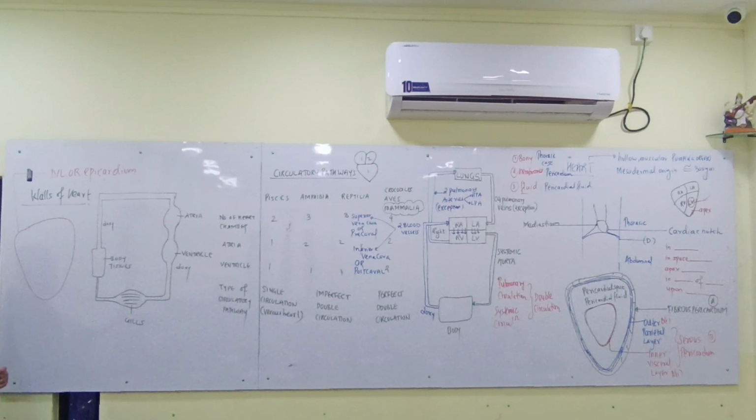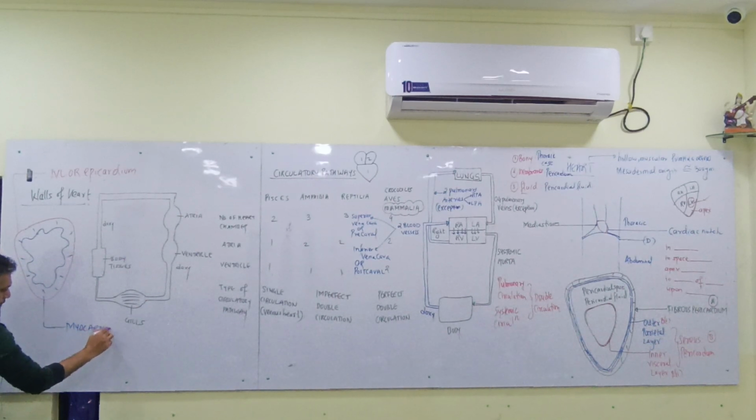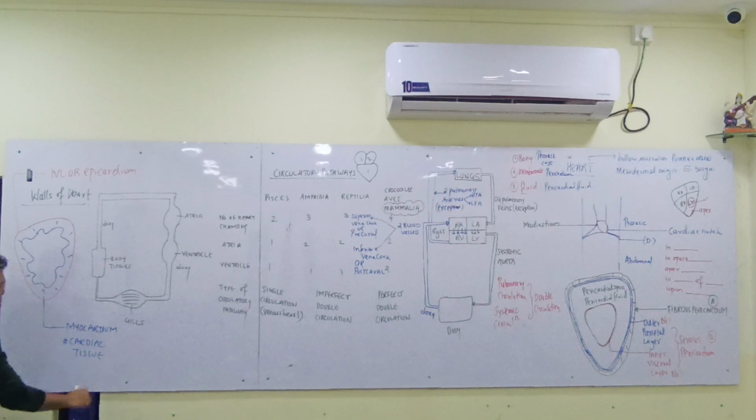And the middle and thickest layer of the heart, which forms the majority of the heart wall, is the myocardium, which is made up of the tissue that we have discussed before this. That is your cardiac tissue.